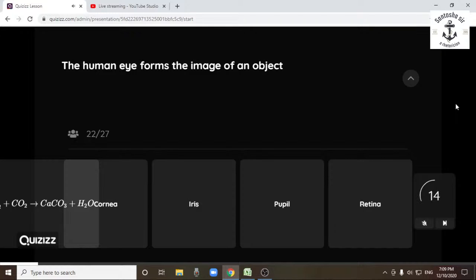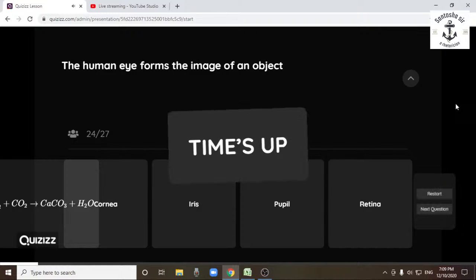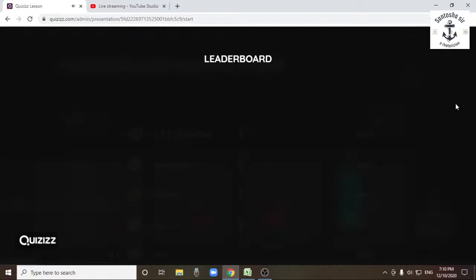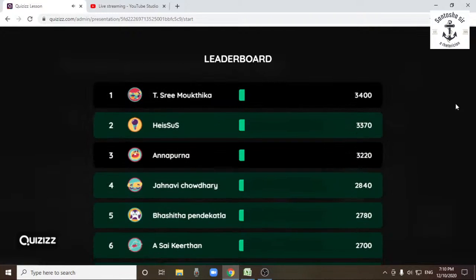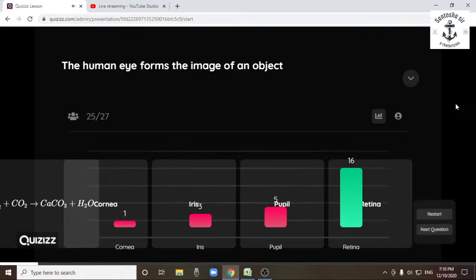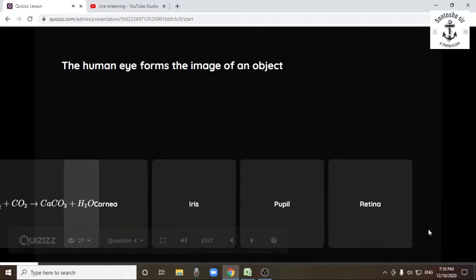Seconds. 5. 24 members answered out of 27 participants. Time is up. Let's check the scores if there is any change. Seems to be a lot of competition. Moktika, Theseus, Annapurna, Jahnavi, Bashita. 16 members answered this question right. Moving on to the next question.